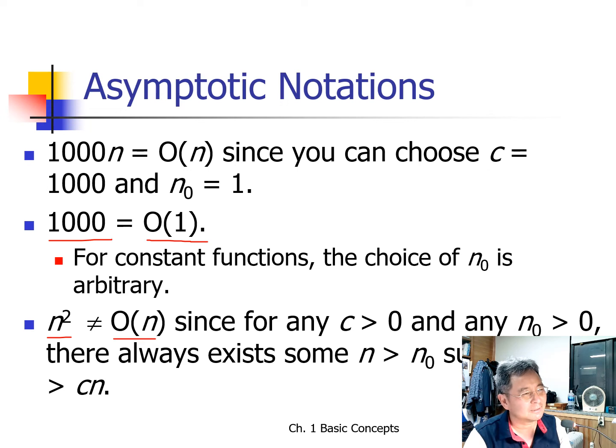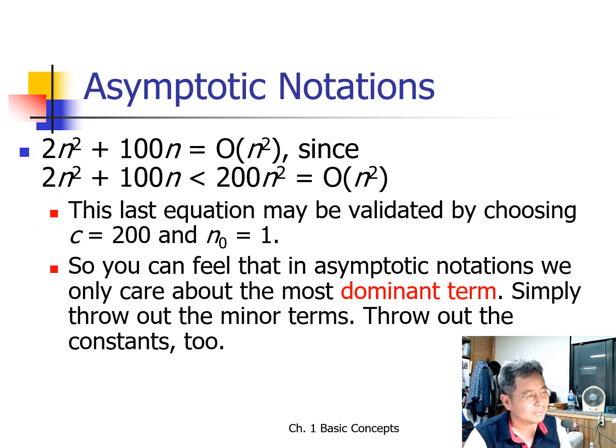And for 2n square plus 100n, the dominating term is n square, so we just represent it as big O n square. Dominant term means that if there is an n square term and an n term, then the n square term is the dominant term. We just throw out or discard the minor terms, and constants also.